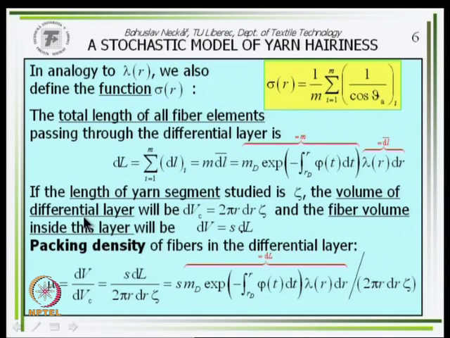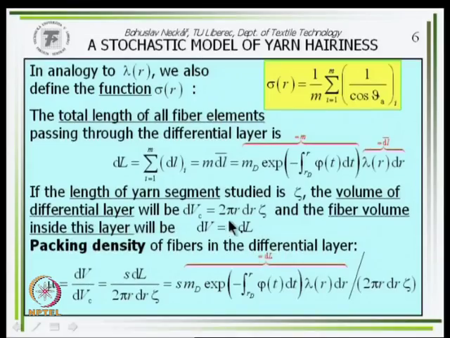If the length of a yarn segment is called zeta, let's imagine we analyze some yarn portion, a yarn segment of length zeta. What is the volume of the differential layer? Our known differential annulus times length.